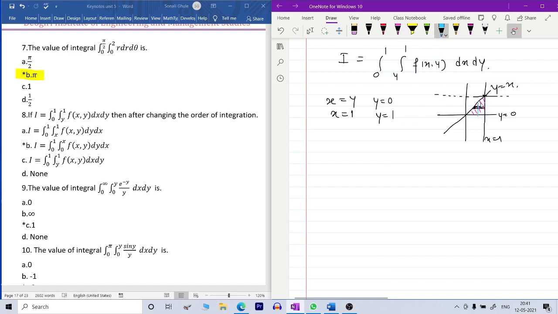So horizontal strip we have to convert into vertical strip to change the order. Now you can see the lower end of the strip is at y equals to 0. So what is your integration? Inner limit lower end at y equal to 0, and upper limit upper end is on y equal to x.